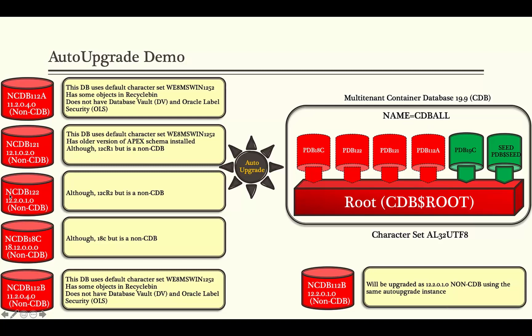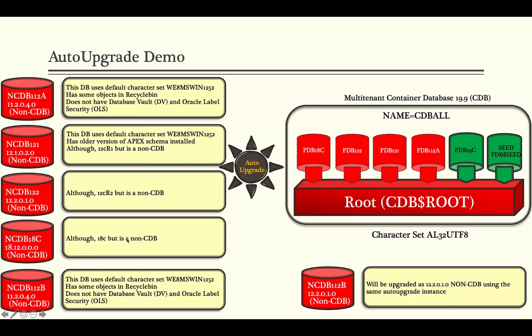There's another non-container database, NCDB122, which is a 12.2.0.1 non-container database. At the end of this upgrade demonstration, I am upgrading that as well to 19c, and it would become an additional pluggable database with the name PDB122. There is one more database called NCDB18C, which is an 18c version of a non-CDB database.